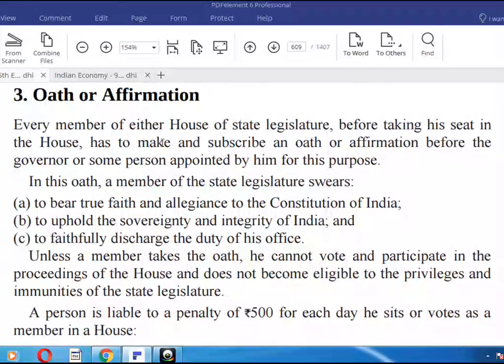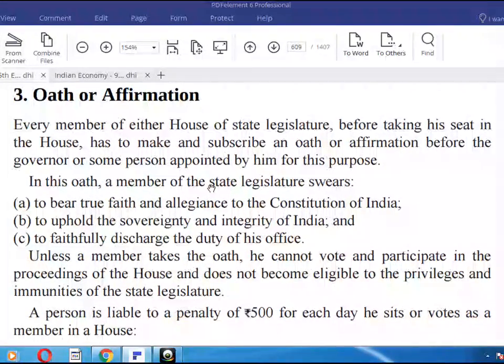Oath or affirmation. Every member of either house of the state legislature, before taking his seat in the house, has to make and subscribe an oath or affirmation before the governor or some person appointed by him for this purpose.